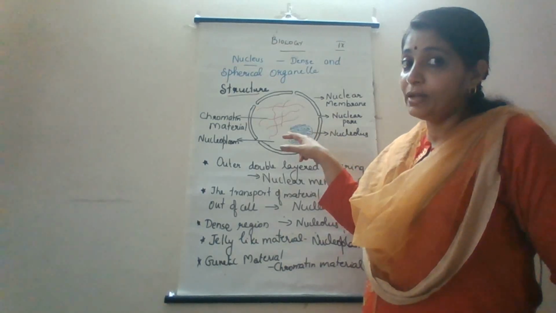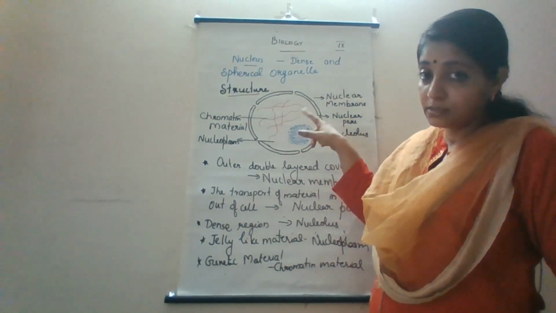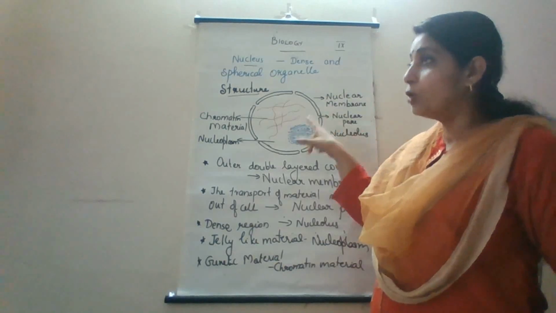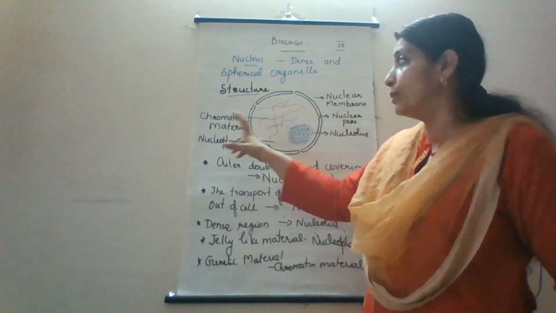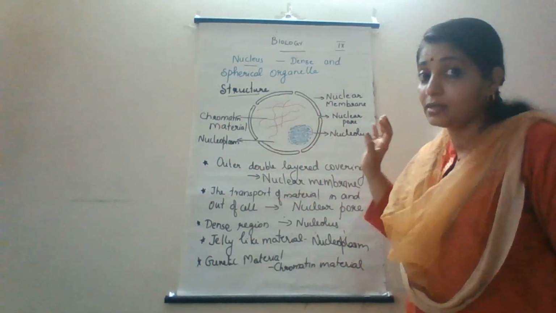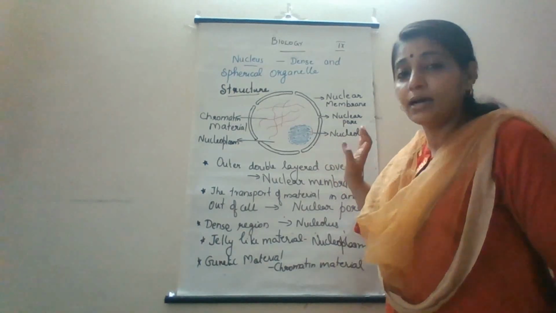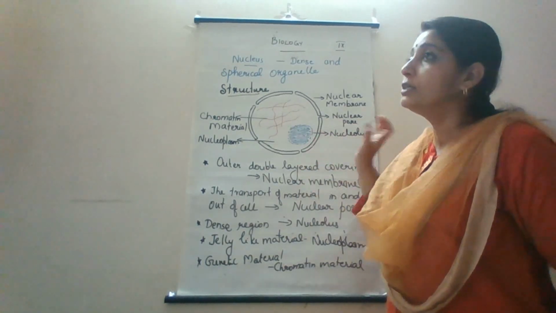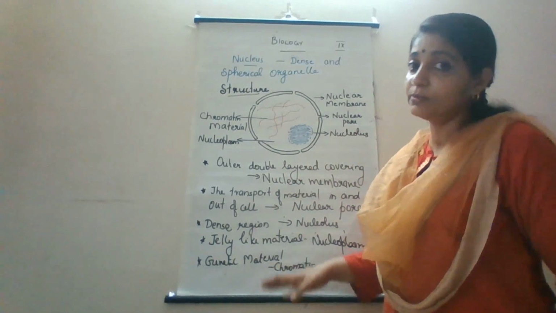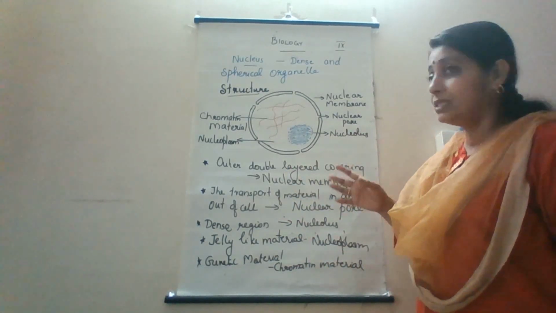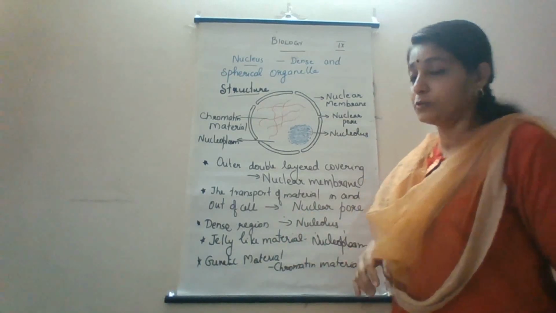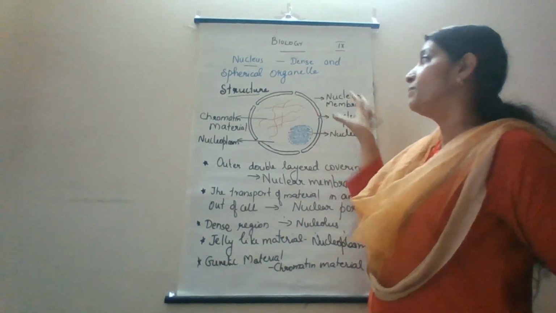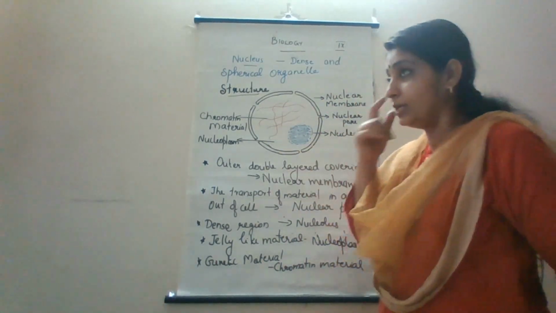In the nucleoplasm, there are tiny, long, thread-like materials called chromatin materials. These chromatin materials are the main genetic material which helps in the transmission of genetic characters from parents to offspring. So this is the basic structure of a nucleus.